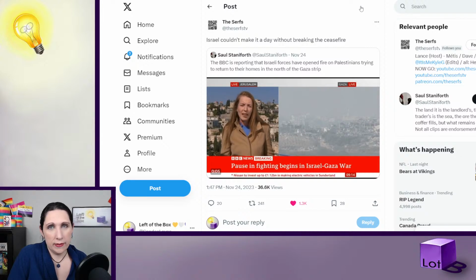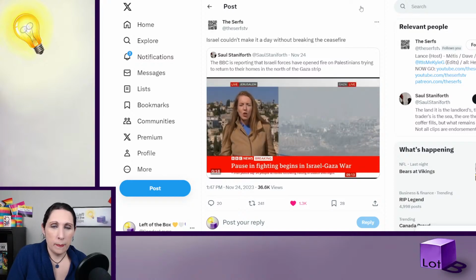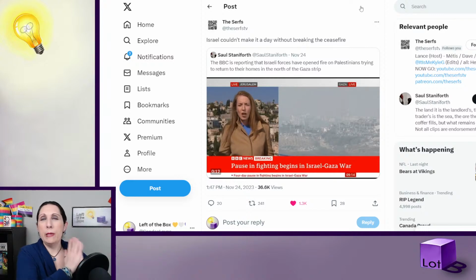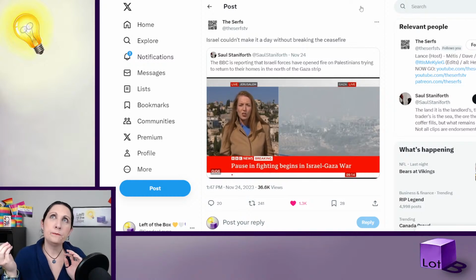How they can do this for a few days without continuing it just boggles my mind. Like the idea that, okay, so there was a swap. So you had the people who were unlawfully imprisoned by Israel versus the hostages that Hamas took.